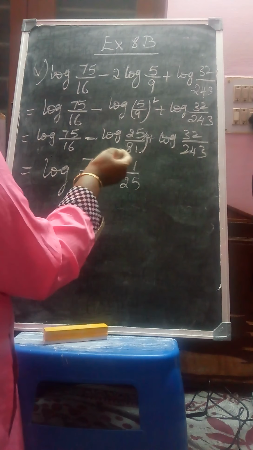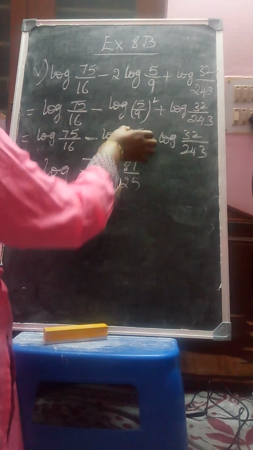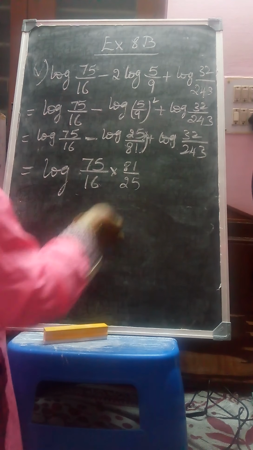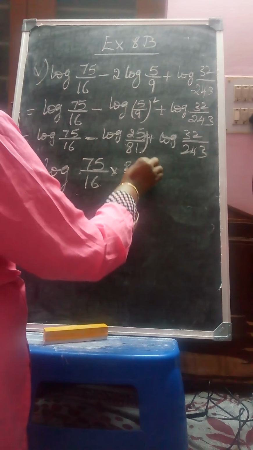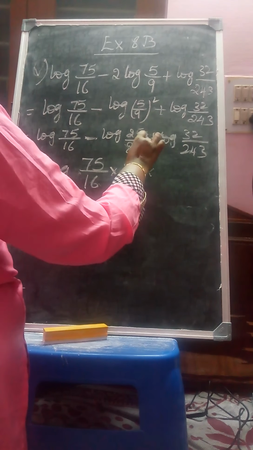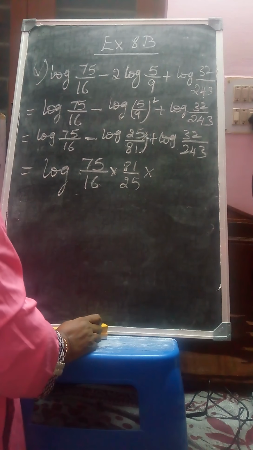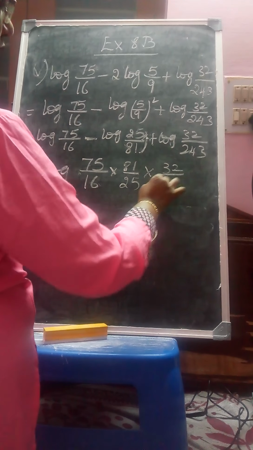If it is not a fraction and you have a number here, it will come in the denominator. Since here it is a fraction, we are taking it as a reciprocal. Now into, see here plus is there, so it will be product law. So here you will write 32 by 243.